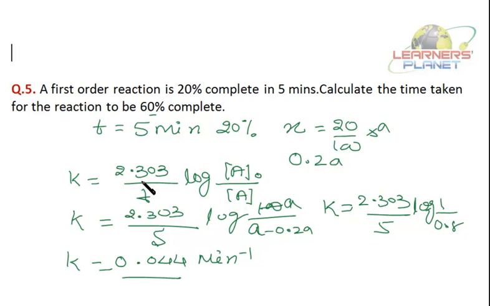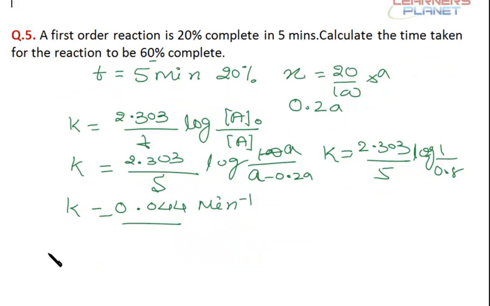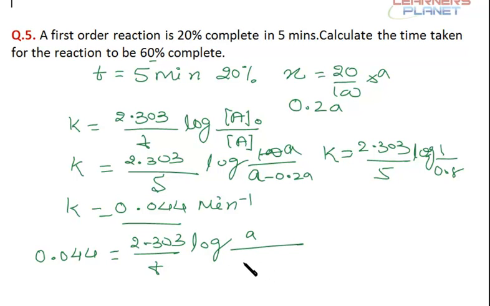Now when you have got the value of K, we can easily find out the time for 60% completion. Again, put this value of K in the first order equation, and what you'll get is, see, 0.044 is equal to 2.303 by T log of A by, now it's 60%, so it will be A minus 0.6A, right?